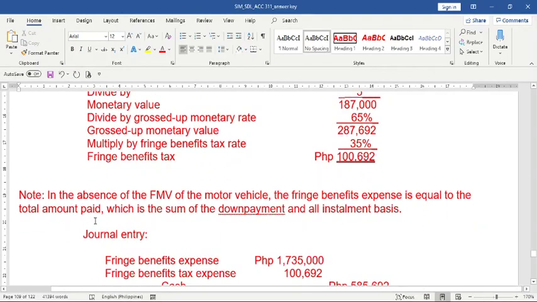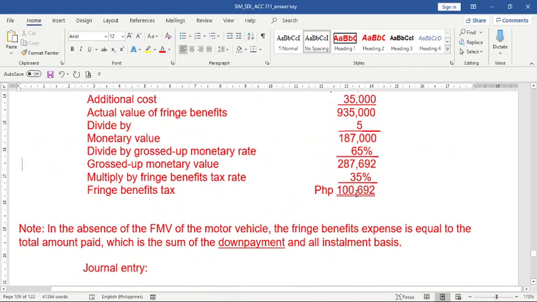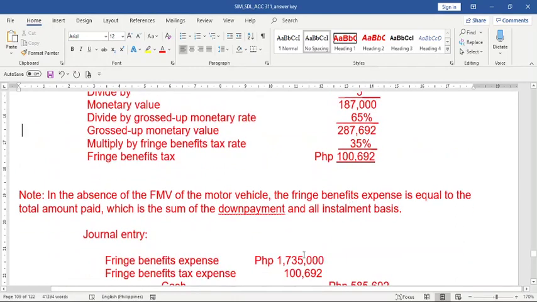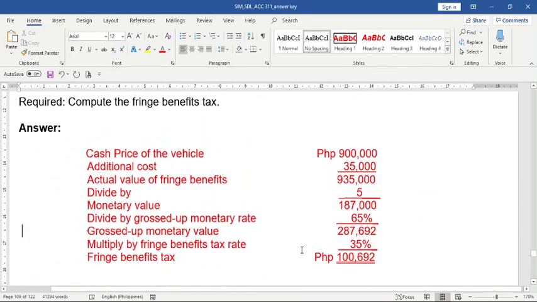So, let's have the note. In the absence of the fair market value of the motor vehicle, the fringe benefit expense is equal to the total amount paid, which is the sum of the down payment and all installments. So, our entry: this is our fringe benefit tax, 169.2.